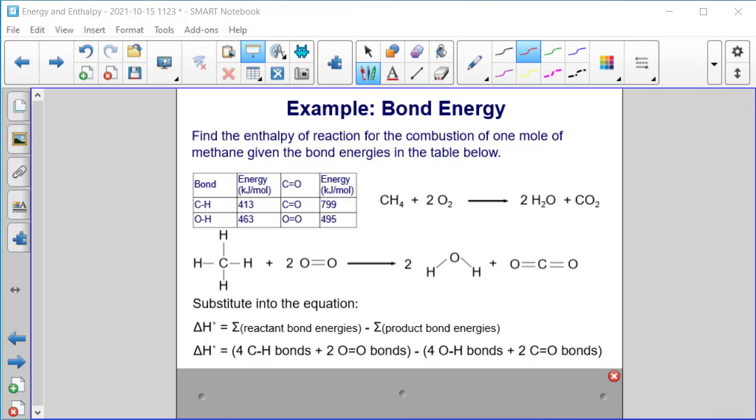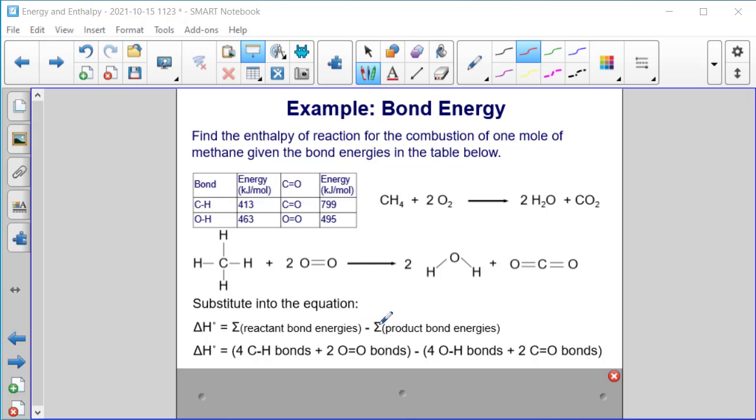Okay, so what I did was I took our number of bonds from the previous slide, and I just substituted them into our equation for the enthalpy of the reaction. So the sum of the reactant bond energies. Our reactants are methane and oxygen. So 4 carbon-hydrogen single bonds plus 2 oxygen-oxygen double bonds, right?